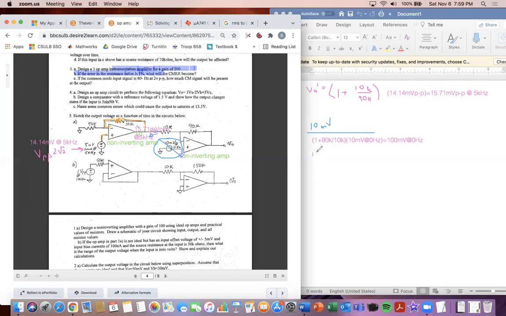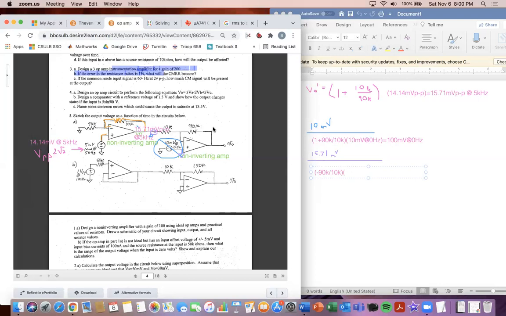So for this 15.71 millivolt source, let's calculate it. So it's 1 plus 90K divided by 10K, and then times, oh wait, sorry, it's an inverting amp because it's only connected to those.